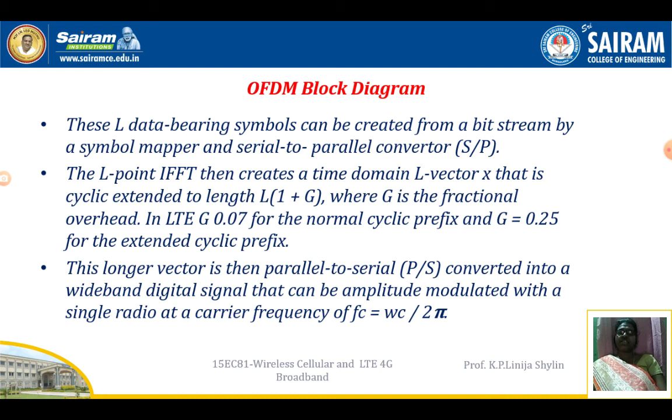Now this G is nothing but a fractional overhead. In long-term evolution, for the normal cyclic prefix the value of G is 0.07, and for the extended cyclic prefix G is equal to 0.25.